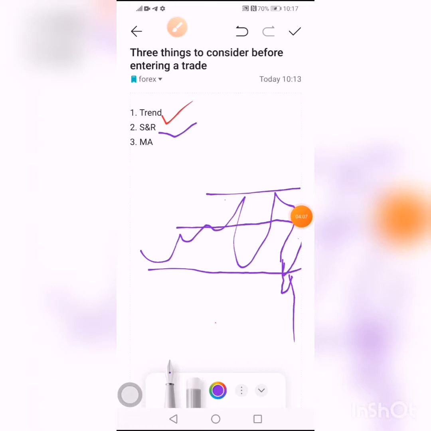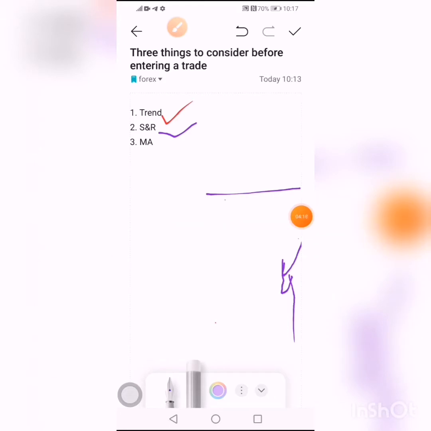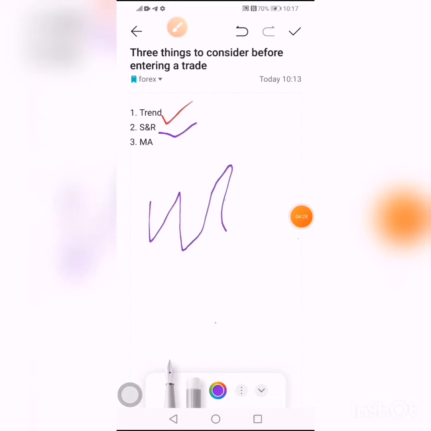Or either the market hits the top here and starts going back to the upside. So quickly, when you check your trend, what you have to do next is draw your resistance and then the support lines, levels where price reacts.